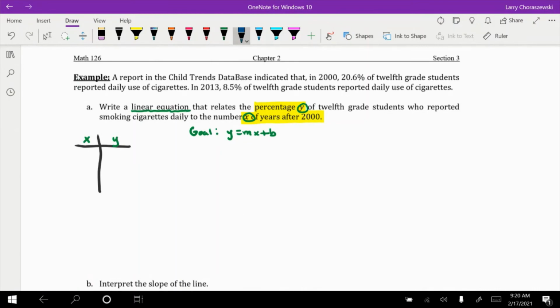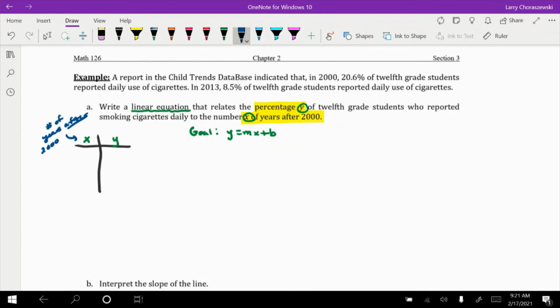We have to be careful about our values of x. The values of x represent the number of years after 2000. We do have an indication of two x values that we can put in this table.